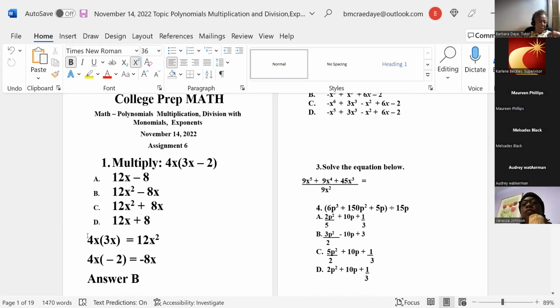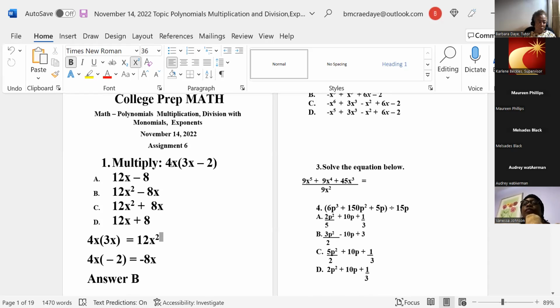So the 4x times the 3x, what do you do when you multiply exponents? You add them, right? So x to the 1, x to the 1, 1 plus 1 is 2. Multiply the coefficients, 4 times 3 is 12. That gives you 12x to the second power.